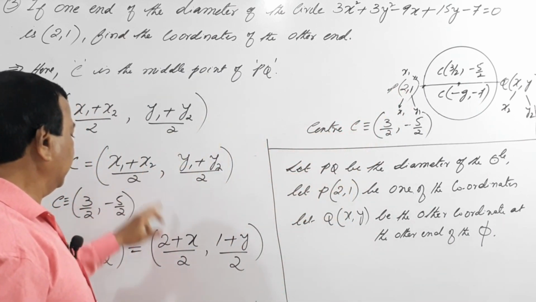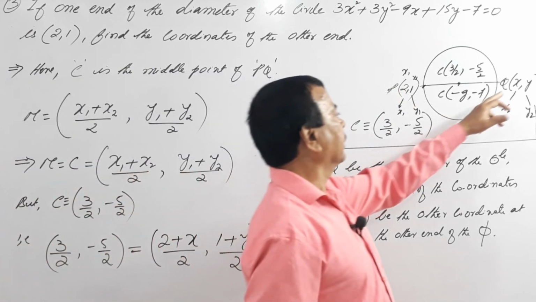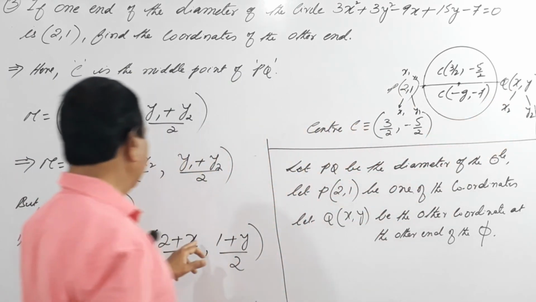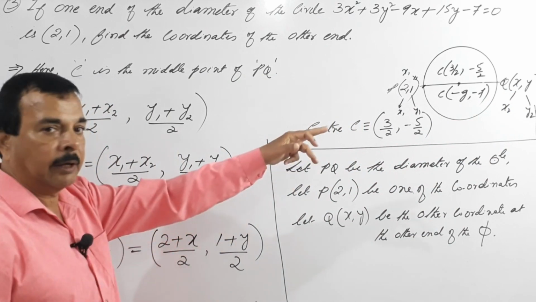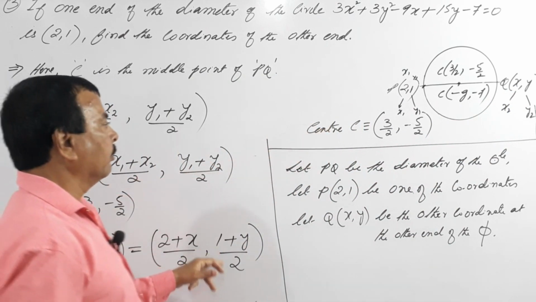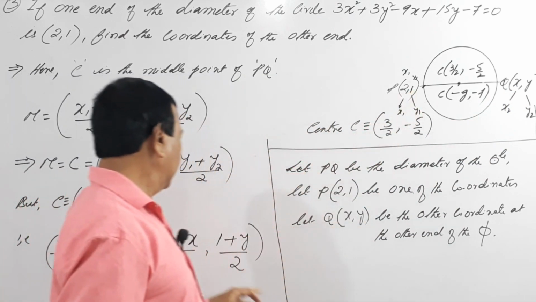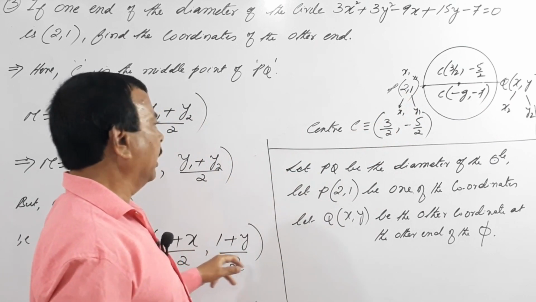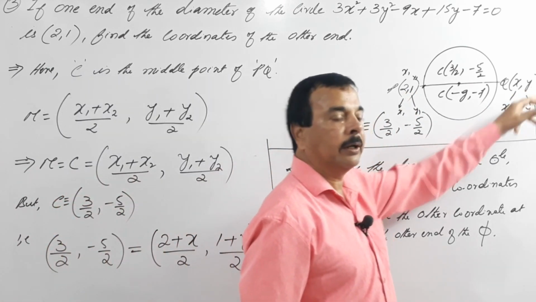Instead of x2, I have put x. y1 is 1. And instead of y2, I have put y.